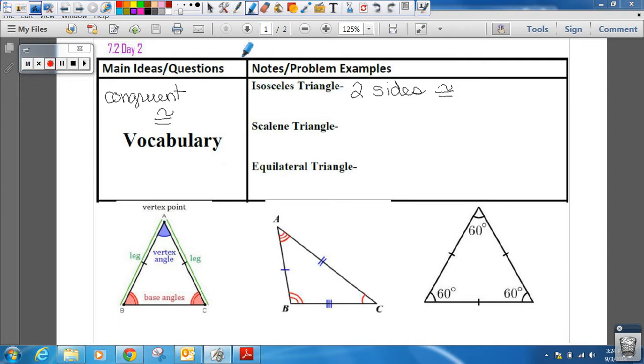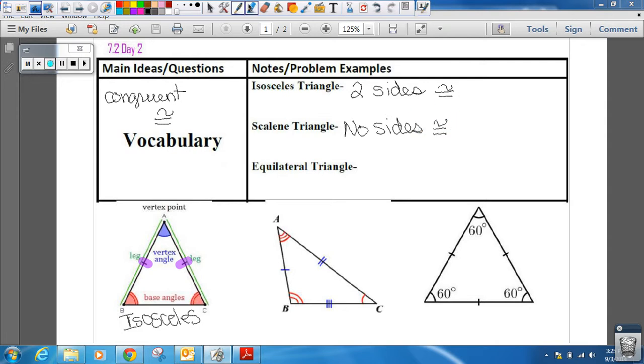So if I look down below, this has one mark on it and this also has one mark. So that means those two legs are congruent. So since those two legs are marked congruent, this is an example of an isosceles triangle. And I need to make sure I spell that correctly. There we go.